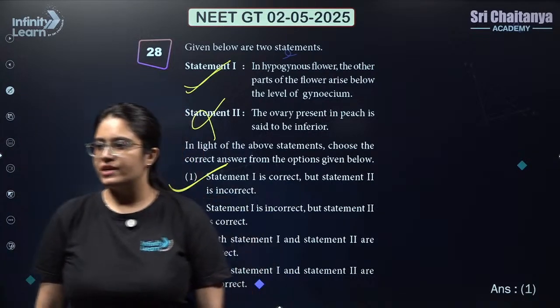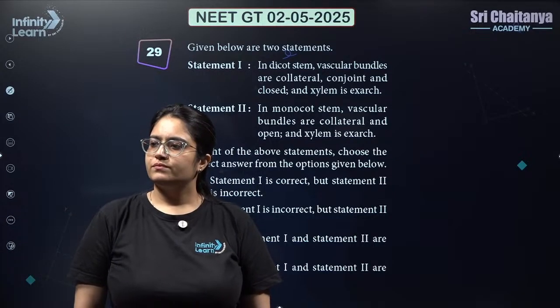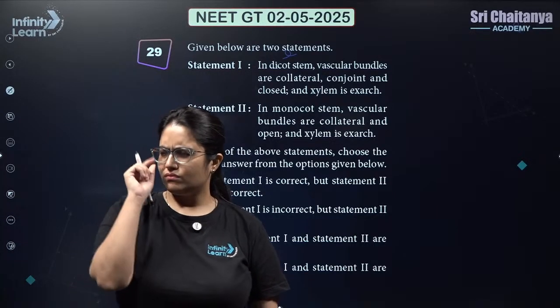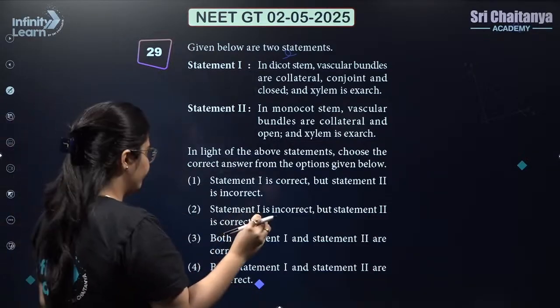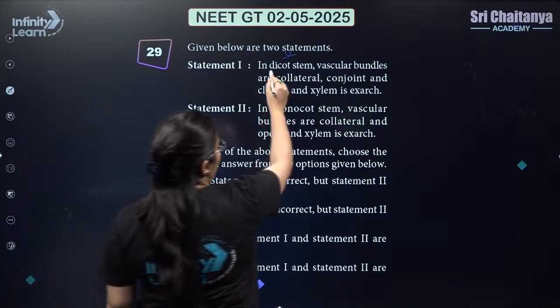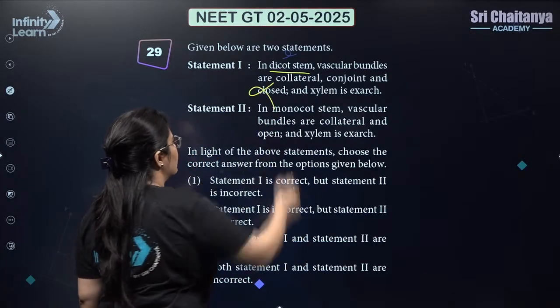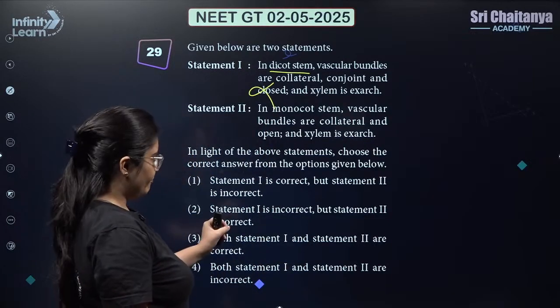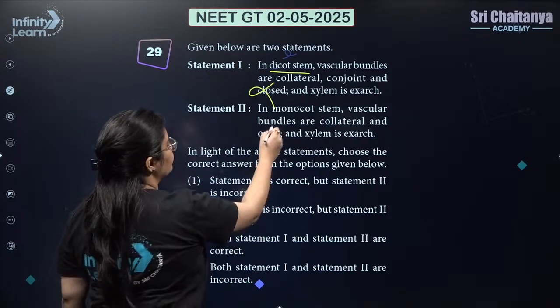Next question on your screen. Everyone try to answer. In a dicot stem, vascular bundles are collateral, conjoined and closed. In a monocot stem, vascular bundles are collateral and open.